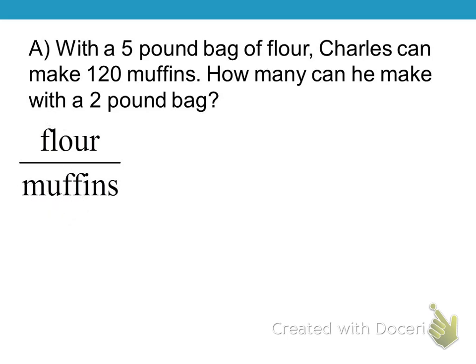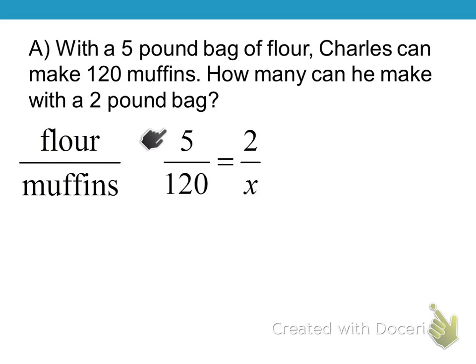Now, you could flip-flop those. You could do muffins over flour, but all of your ratios would have to be that way. So doesn't really matter. This is the way we're choosing, though. Flour on top, number of muffins on the bottom. Okay? So the first piece of information we're given is 5 pounds of flour will make 120 muffins. So I'm going to put 5 over 120.